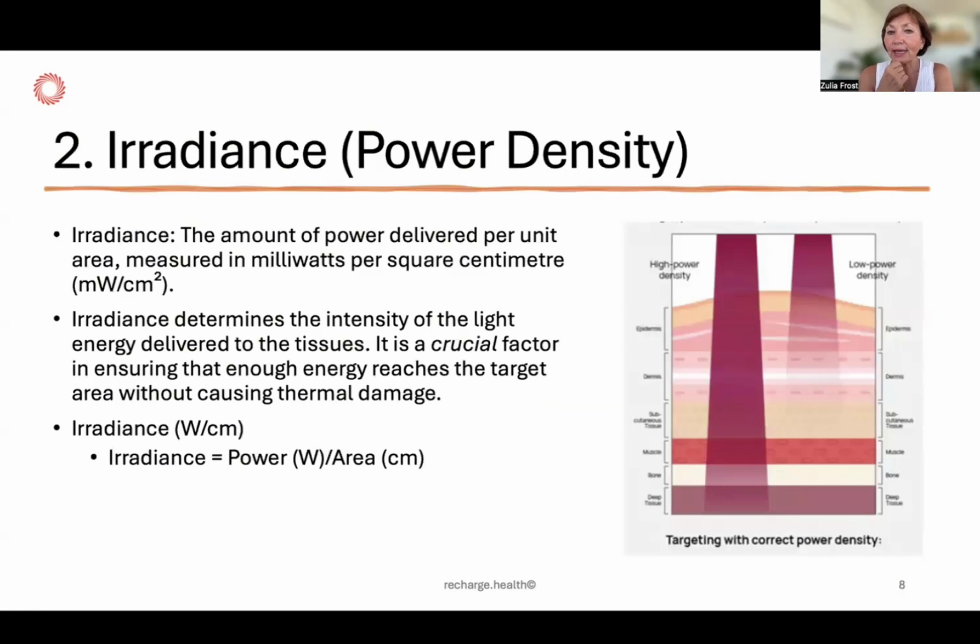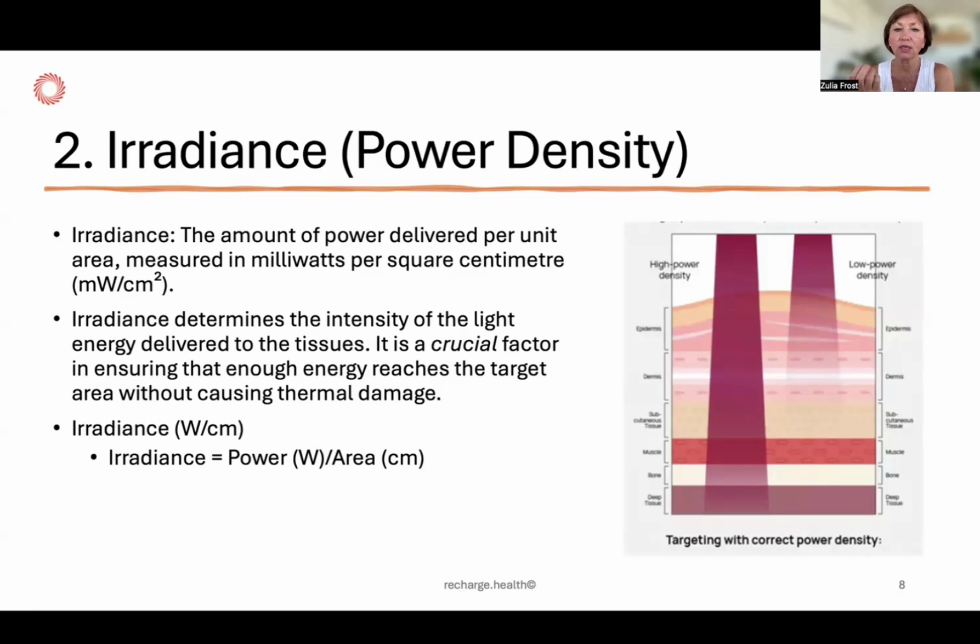Now let's look at the second, I think really important parameter for the success of therapy. It's called irradiance, or power density, or just power, yes? So irradiance itself is the amount of power delivered per unit of area, and that is measured in milliwatts per centimeter square.